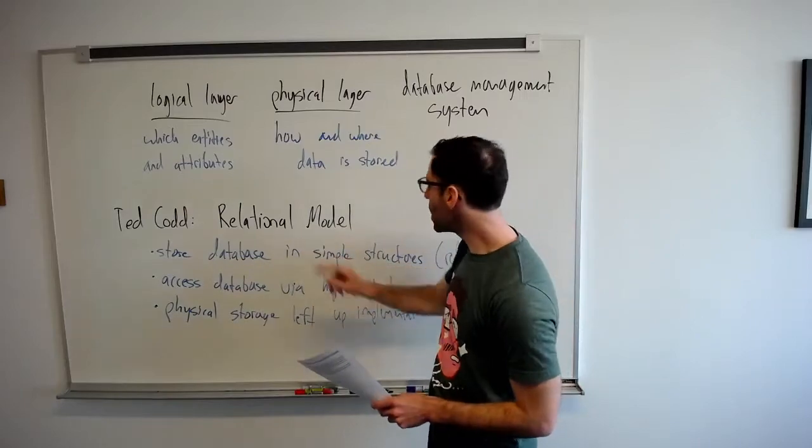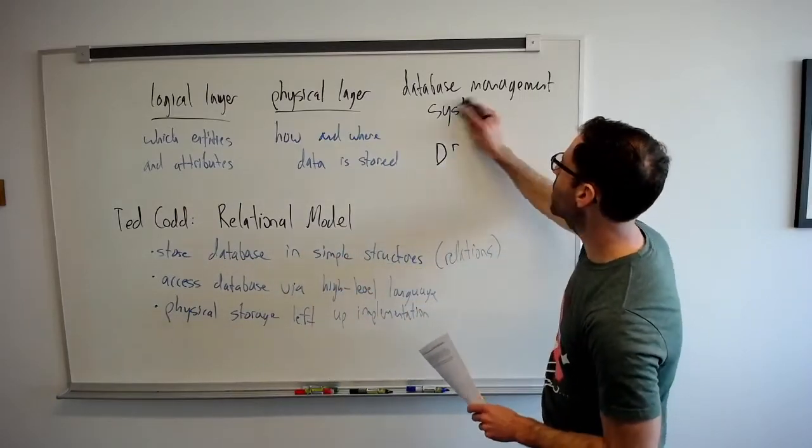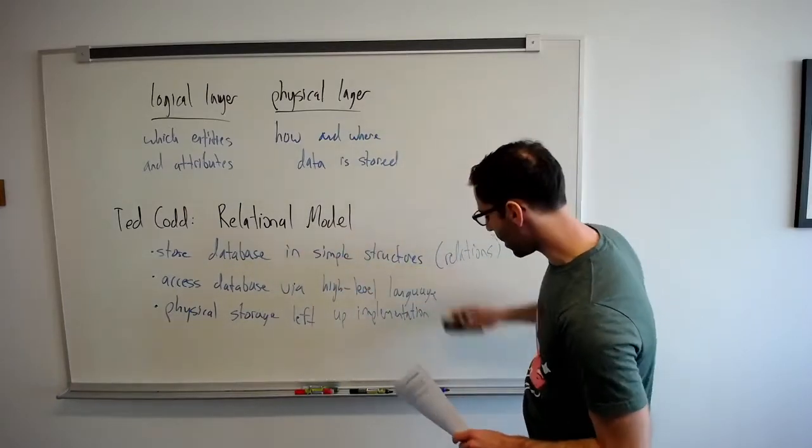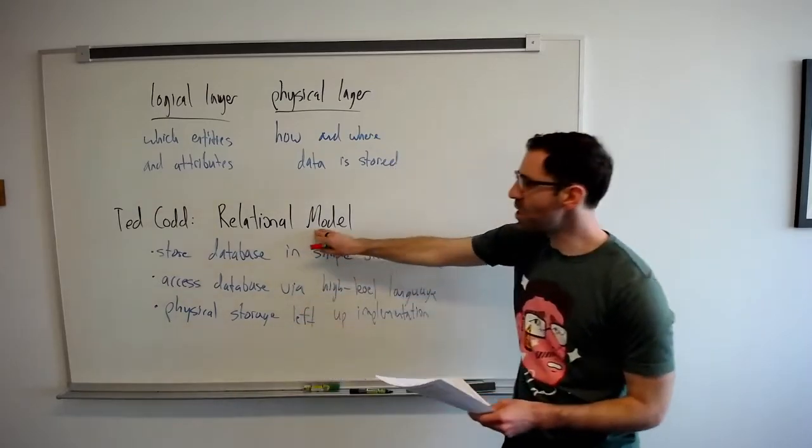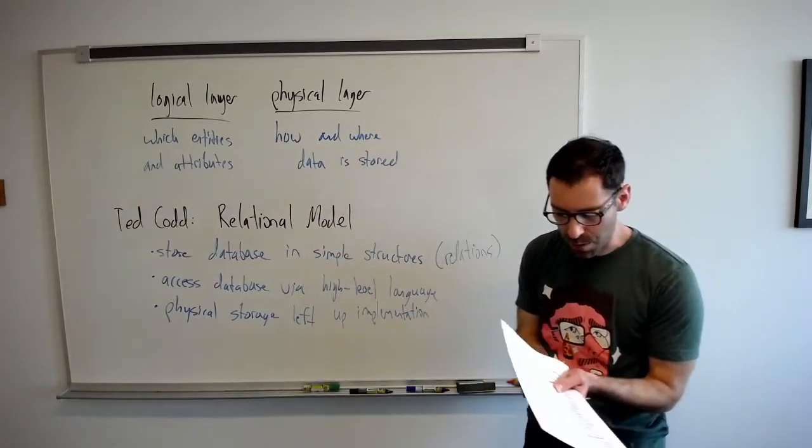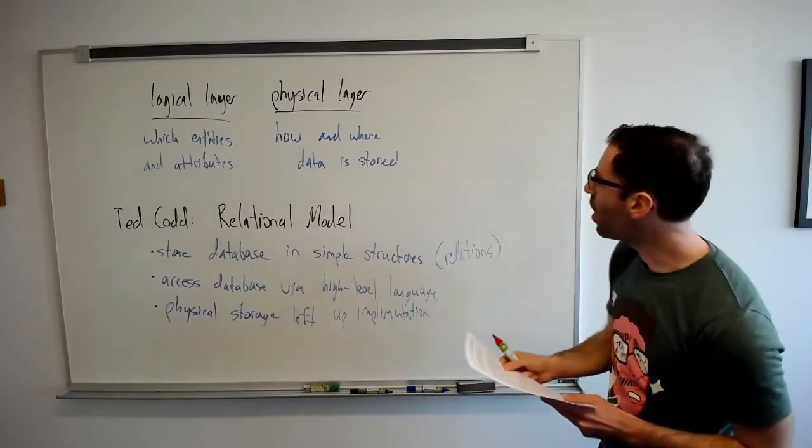Now, the relational model is not the only data model out there, and so before diving deeper into the relational model, I want to take a brief detour through some other data models.